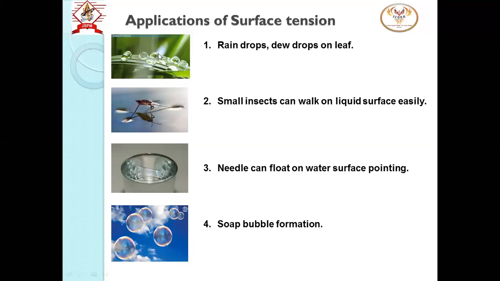Those dewdrops or raindrops have a natural spherical shape because of surface tension, which acts on the drops from all directions.